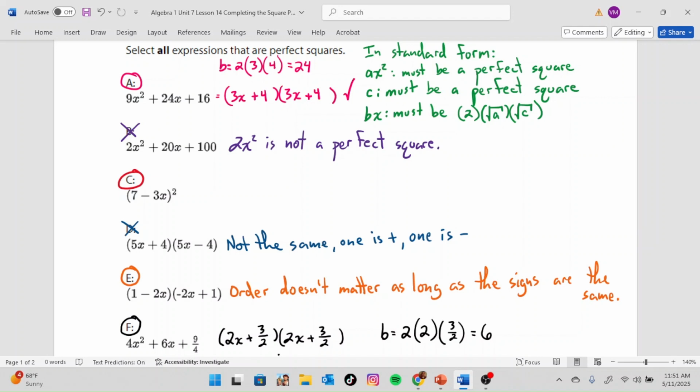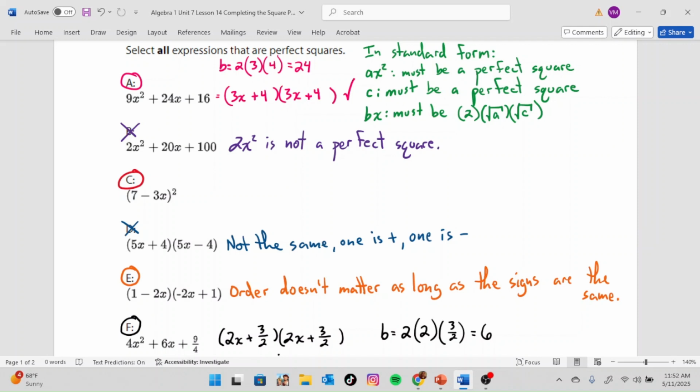If you wanted to check yourself, 2x times 2x gives you 4x squared, so we're good there. 2x times 3/2 is 3x. 3/2 times 2x is 3x.